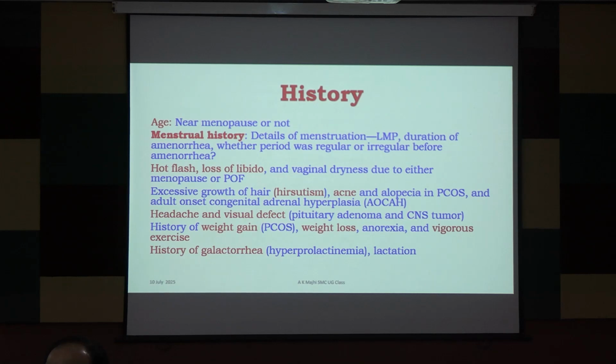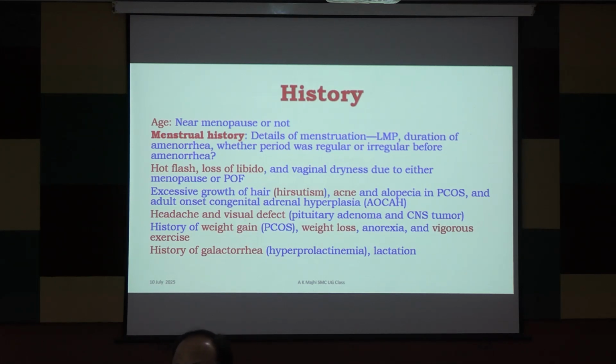Another is adult onset congenital adrenal hyperplasia, and third is an androgen secreting tumor, mostly of the ovary, such as an arrhenoblastoma, or it may be of the adrenal gland. So remember three things for hirsutism.